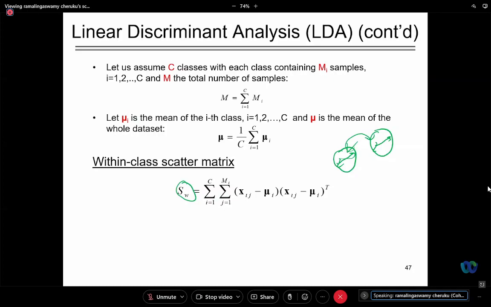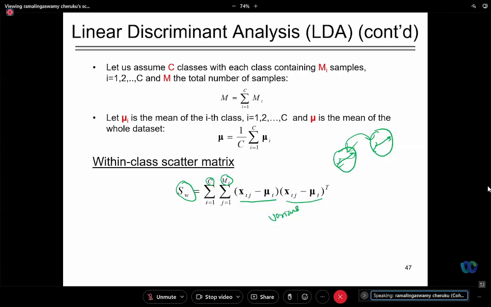SW is the summation of i equal to 1 to C, there are C classes, where mi is the number of samples, of xij minus mu i times xij minus mu i transpose. So this is the variance, and there are C classes.